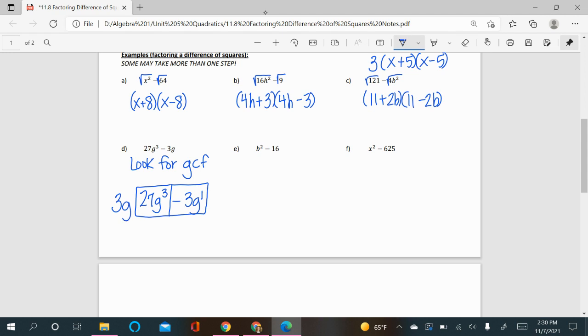To get this 27, I need a 9 up on top, since 9 times 3 is 27. To get g to the third, that's already a g to the first, so I need g to the second. And then 3g to the first and 3g to the first are the same, so that'll be a negative 1, excuse me. That gives me 3g to the first times 9g squared minus 1.